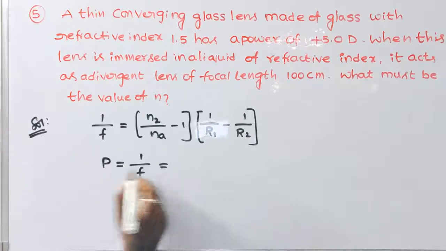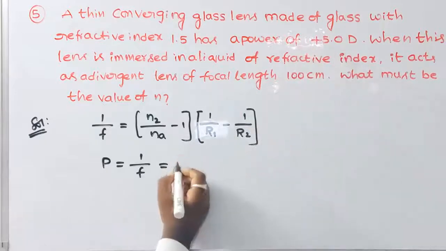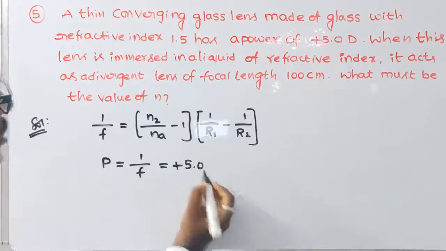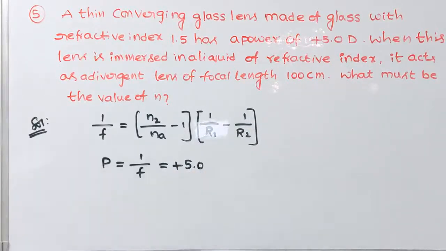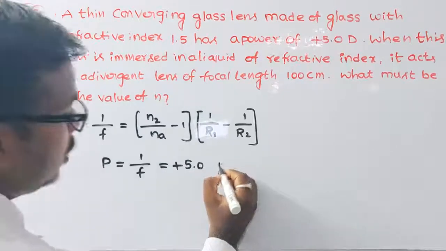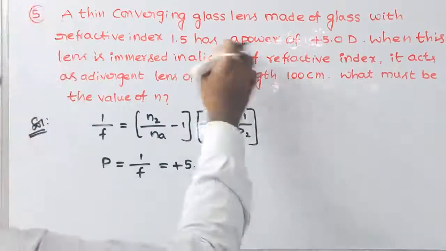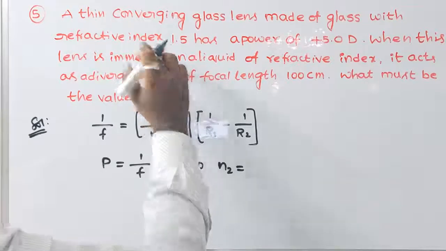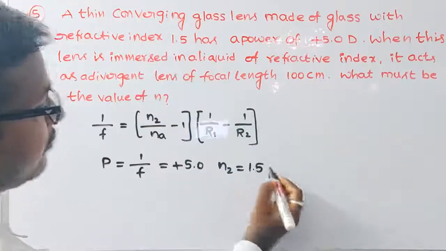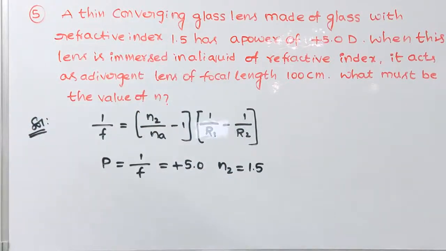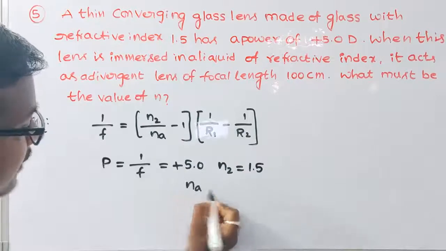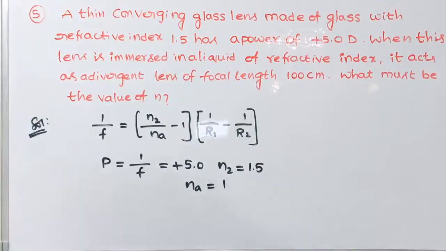The power of the lens is plus 5.0, and n2 is the refractive index of glass, 1.5, and na, the refractive index of air, has value 1.